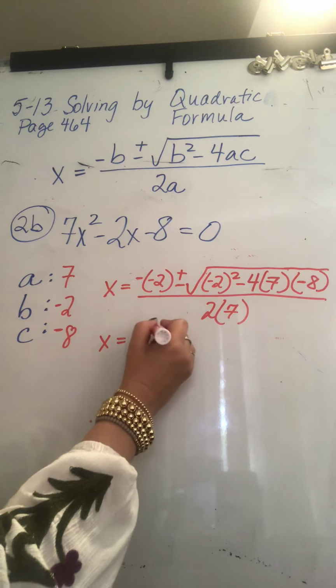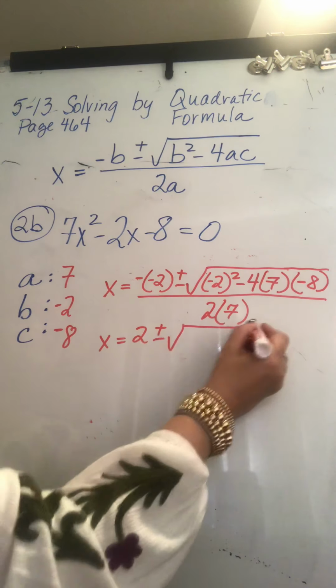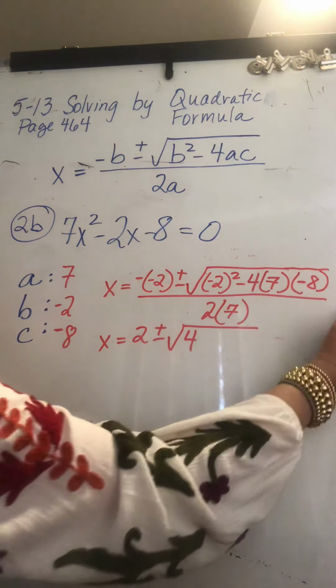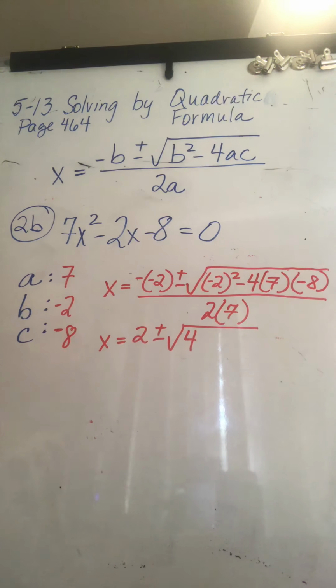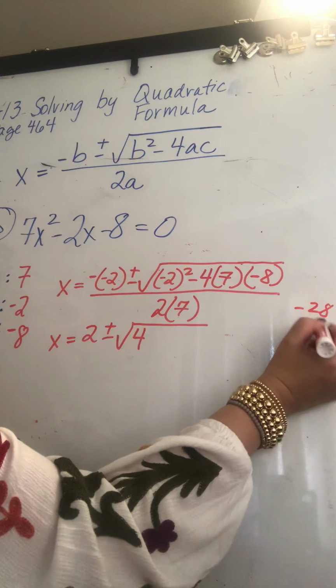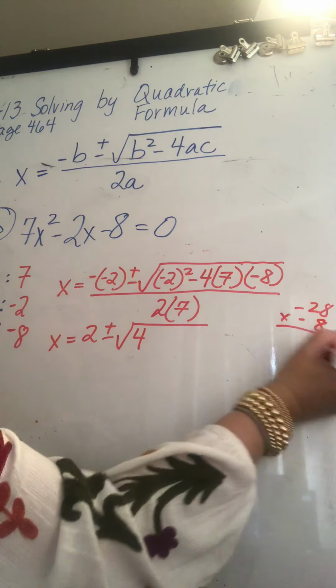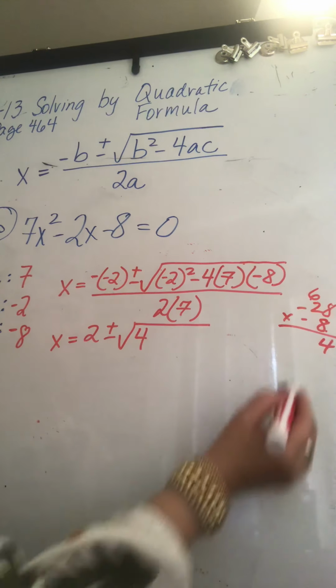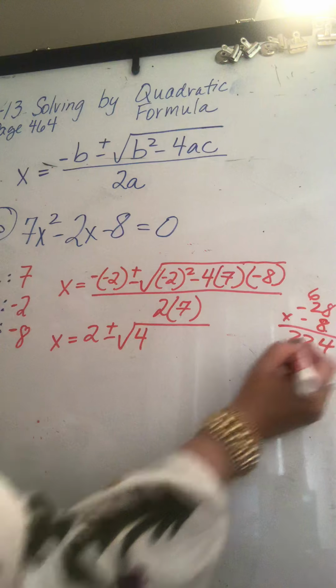So I have 2 plus or minus the square root of 4 minus negative 28 times negative 8. Let me show you. I'm going to write this out. 16, 224.